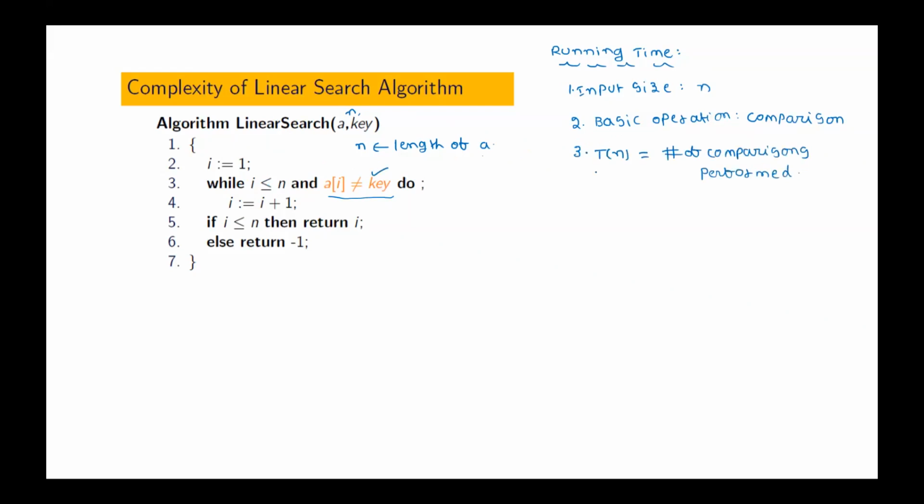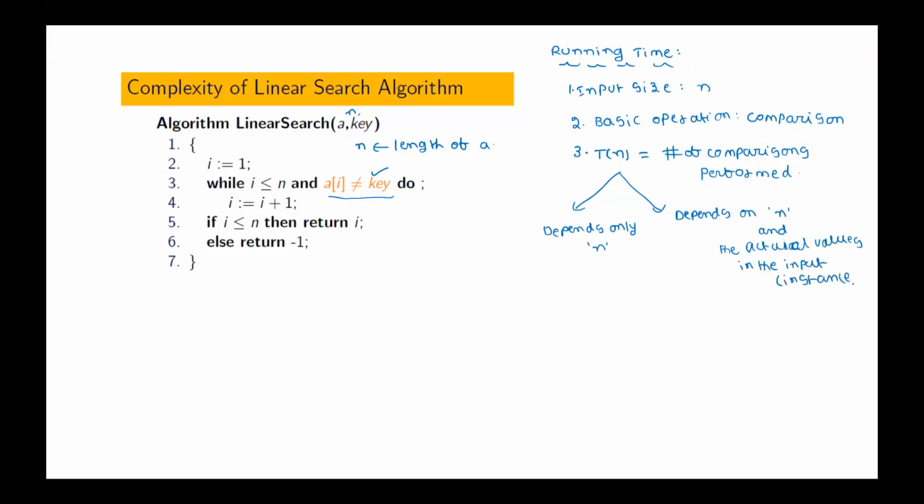Now, what is the important thing we need to decide? Does it depend only on n, or does it depend on n and the actual values in the input, that is, the input instance?